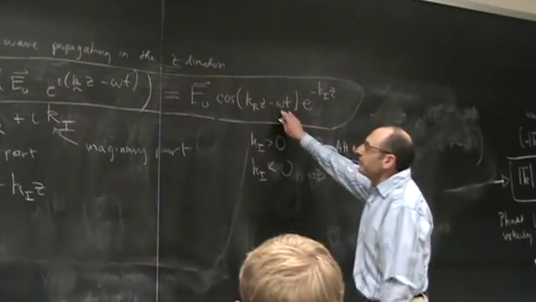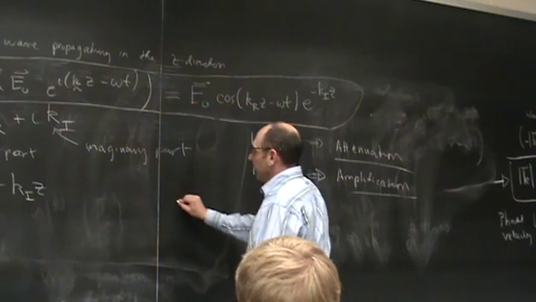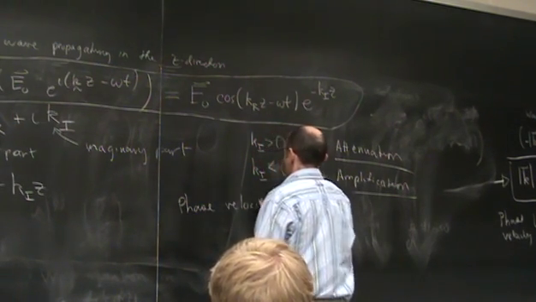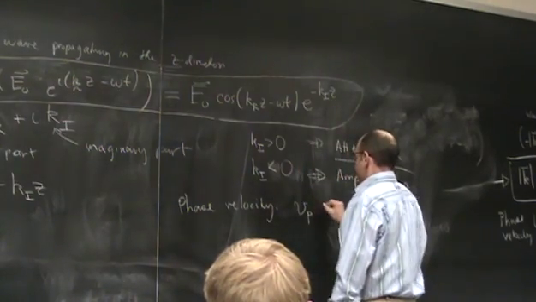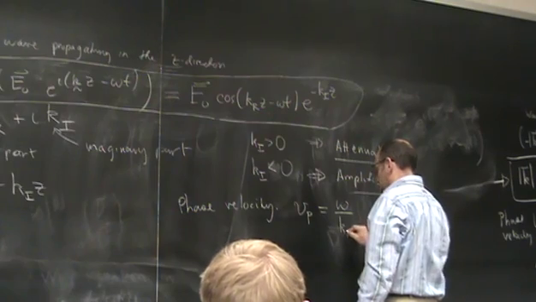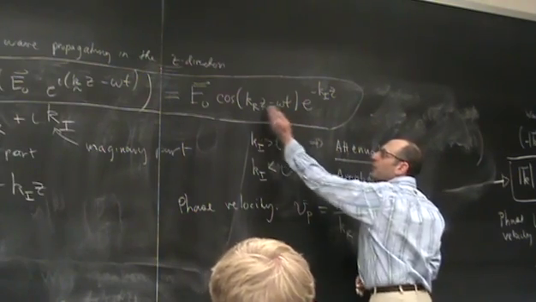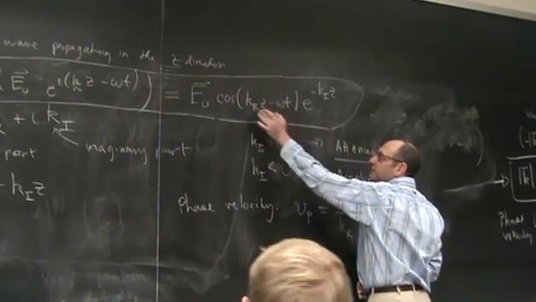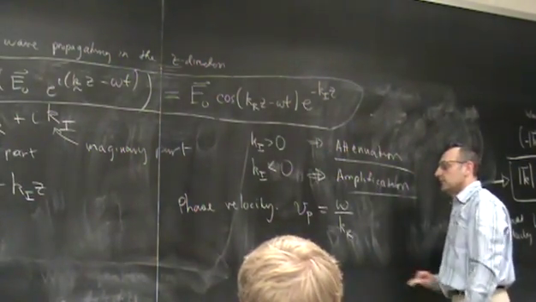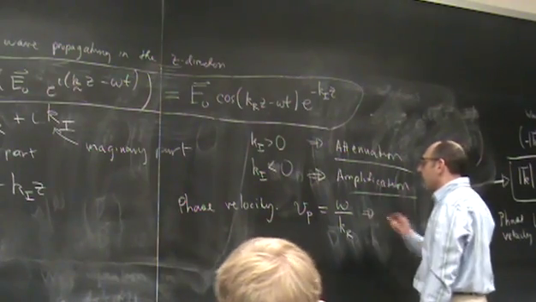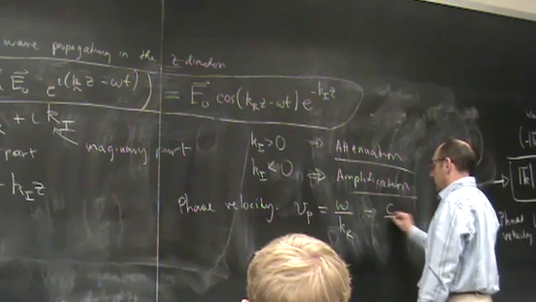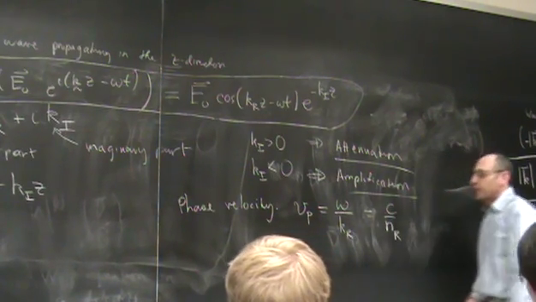So what we also see from this is that the phase velocity depends on the real part, because the velocity with which the phase moves depends on the real part of the wave vector. Okay? And so the index of refraction here has a real part.